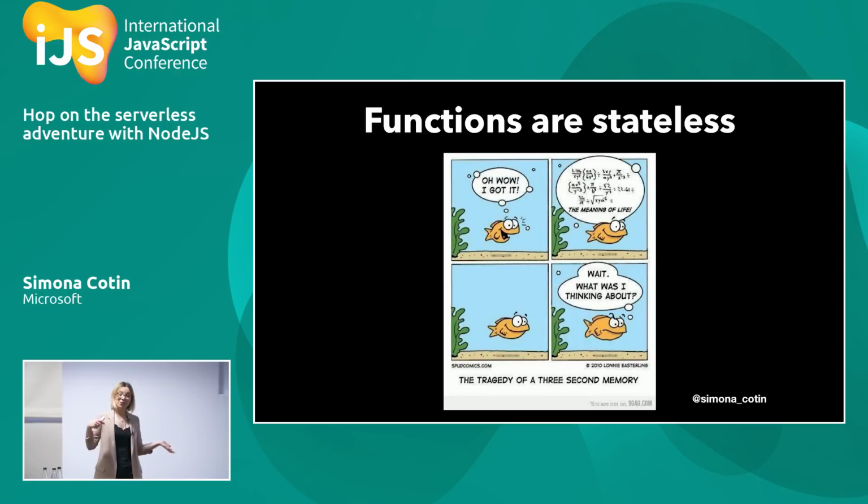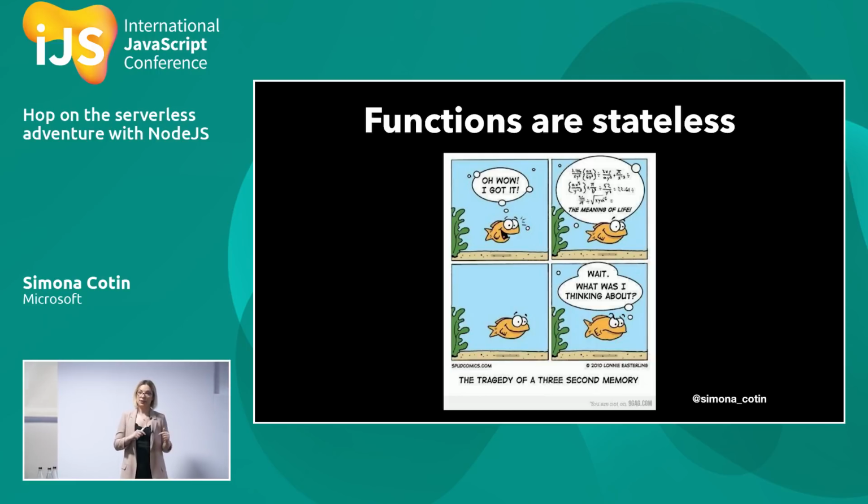Another maybe good thing or bad thing with functions is that they're stateless. So that means that in between runs of functions, you cannot rely on having state stored either on the disk or in memory.